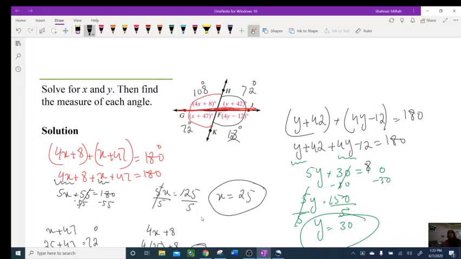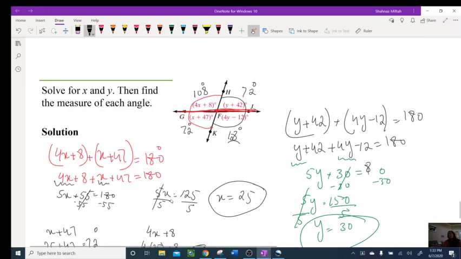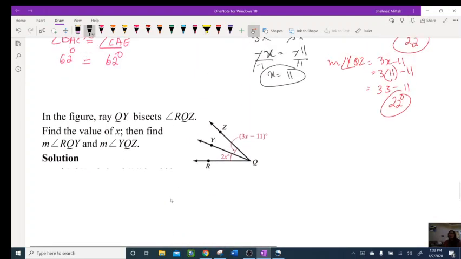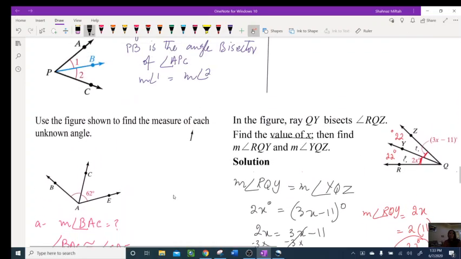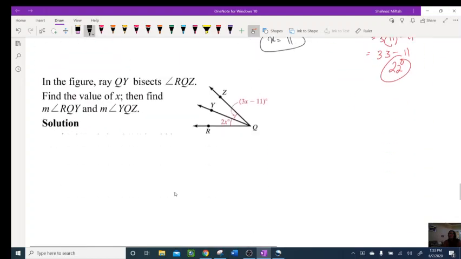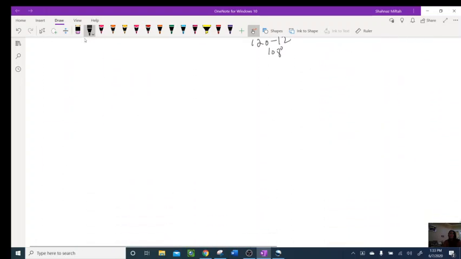Okay, that's how you figure out all these, as long as you know what is adjacent angles and what is vertical angles and all that stuff. So let's review really quick for some good stuff. Then I will leave you guys. You have adjacent angles.